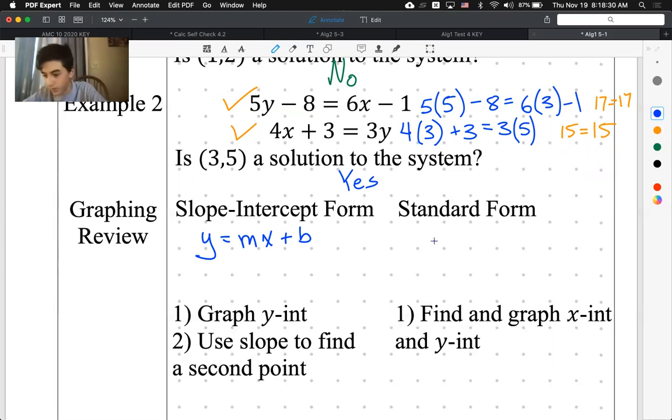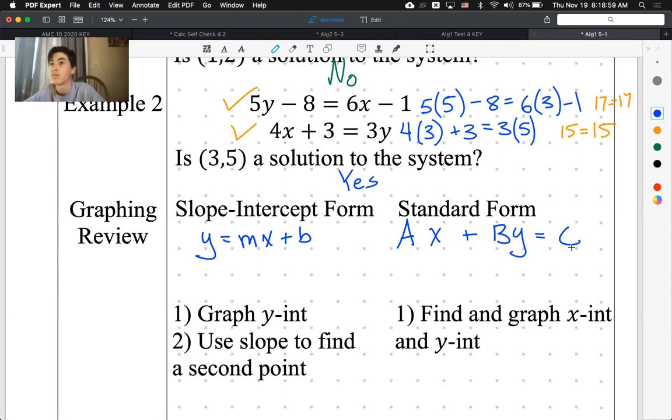That's okay. Standard form. Standard form looks like Alden, yeah. It's like x plus y equals something. Exactly. x plus y is equal to some number, and usually there are coefficients out here. You can say like Ax plus By is equal to some other number C. Yeah, exactly.